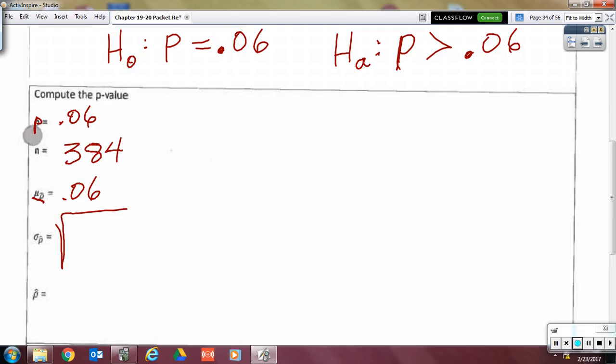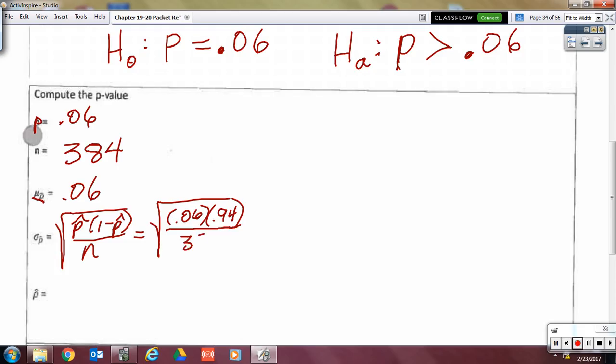Okay, how about this standard deviation? Do you remember this formula? Square root of P and then 1 minus P over n. Good. Okay, there's our formula. I'll go ahead and put in those numbers: 0.06, 0.94 over the 384.